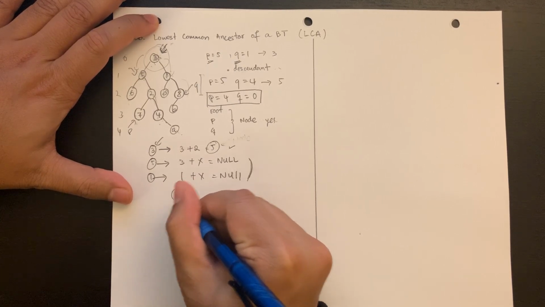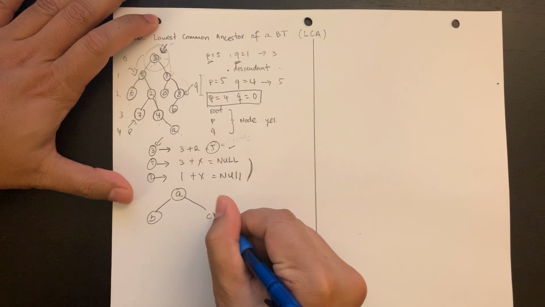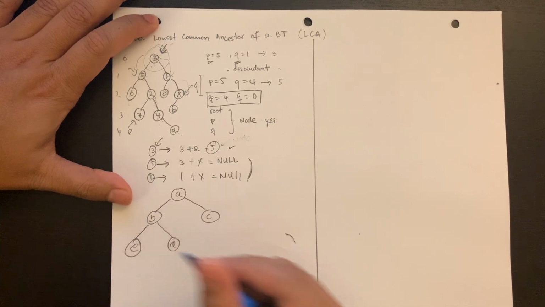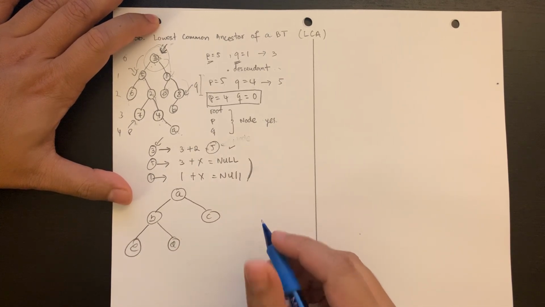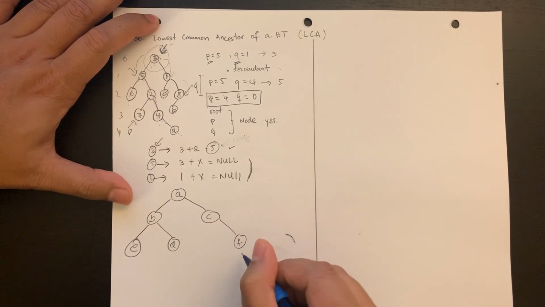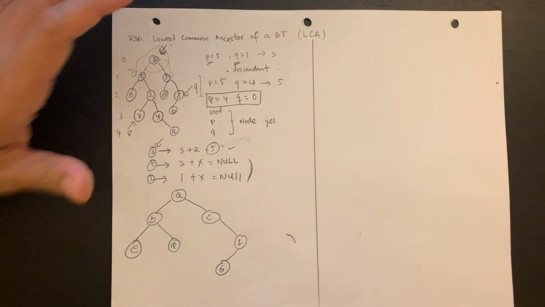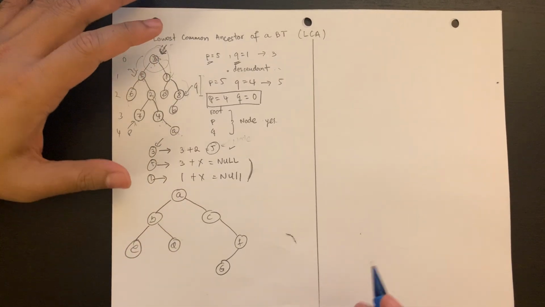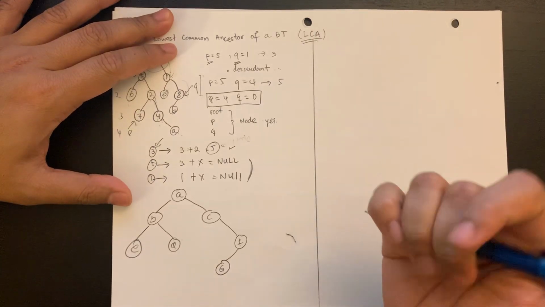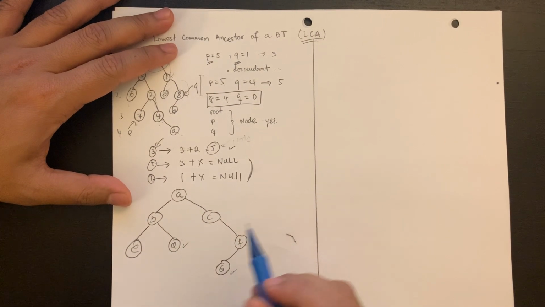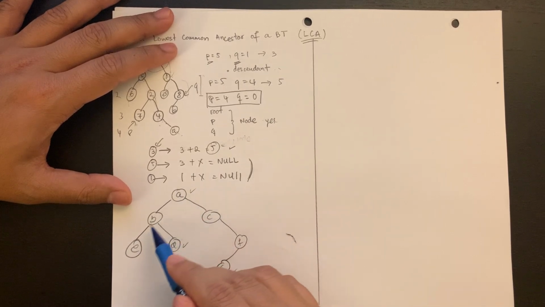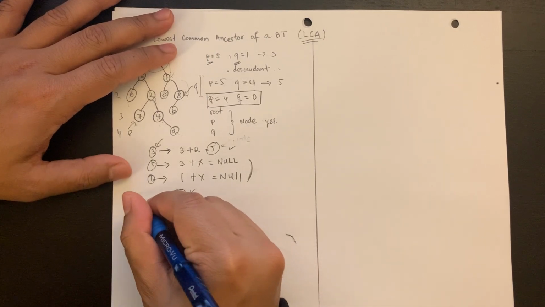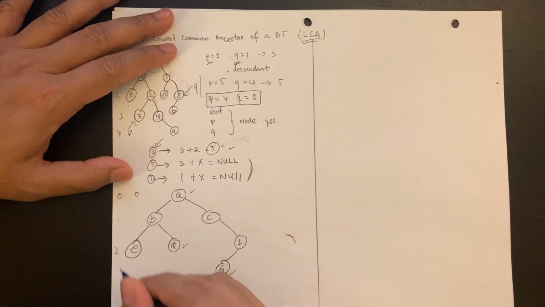Let's see. Have A, have B, have C, have D, E. So if we look at the least common ancestor between D and G, first we start with A. We can verify that we can find D. So D takes about 0, 1, 2.